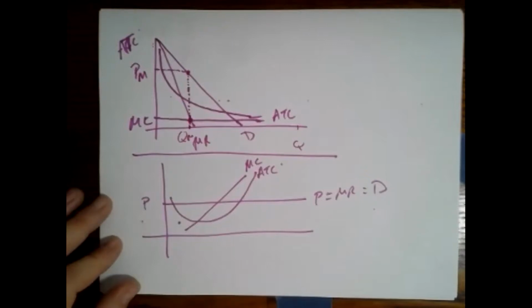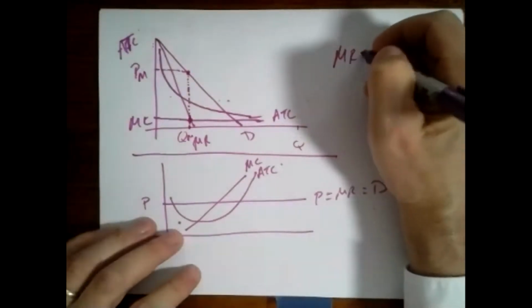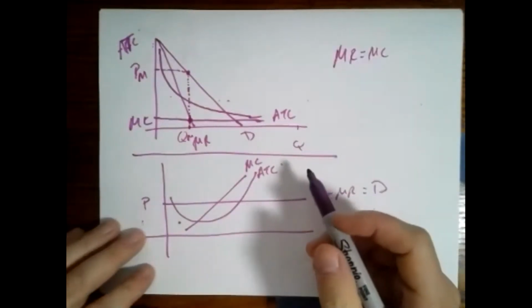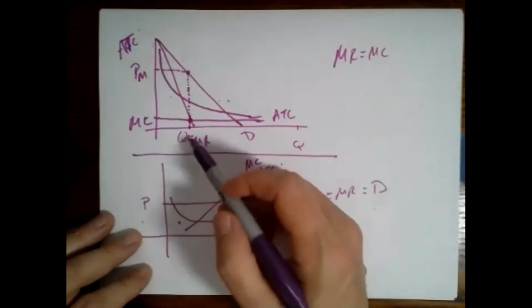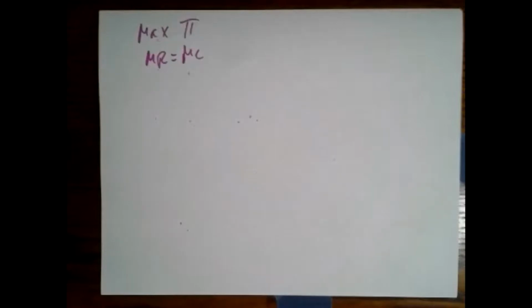It's the same idea as before. The monopolist wants to find where marginal revenue equals marginal cost. That determines the profit maximizing quantity. We'll come back to this visualization in a minute. I want to do the math with it instead.